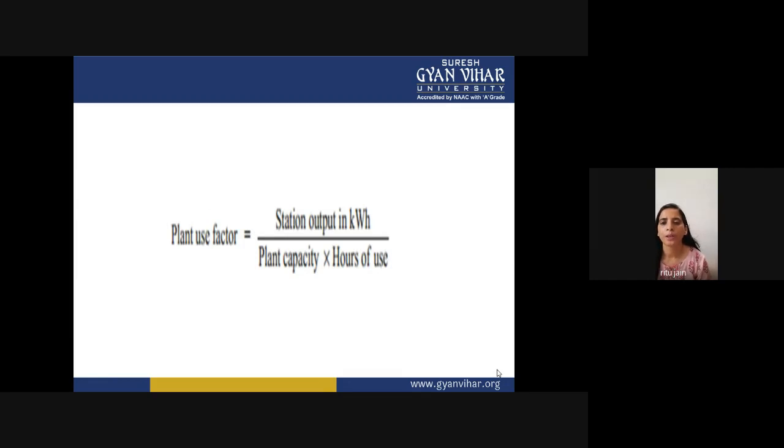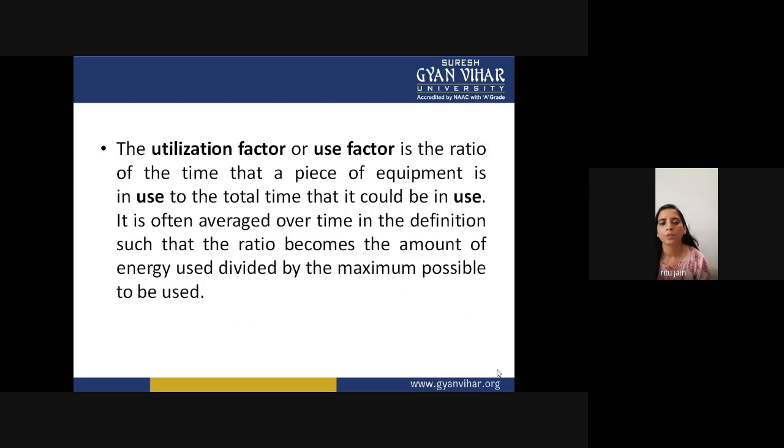Now, next is your plant use factor, which is equal to station output in kilowatt hour divided by plant capacity into hours of use. Next, we come to the utilization factor. The utilization factor or use factor is the ratio of time that a piece of equipment is in use to the total time that it could be in use. It is often averaged over time in the definition such that the ratio becomes the amount of energy used divided by the maximum possible to be used.